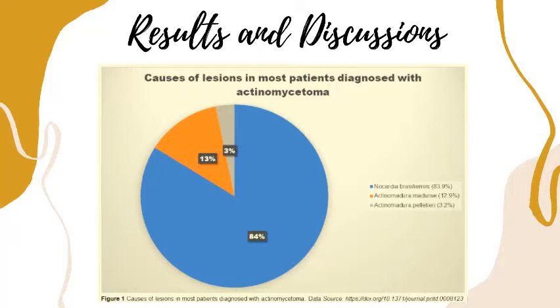Figure 1 shows that the most common cause of lesions in patients diagnosed with actinomycetoma is Nocardia brasiliensis with 83.9%, followed by Actinomadura madurae at 12.9%, and Actinomadura pelletieri with 3.2%.